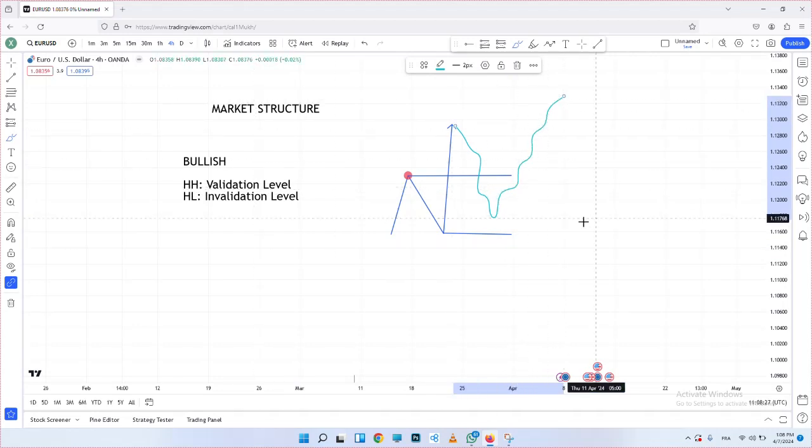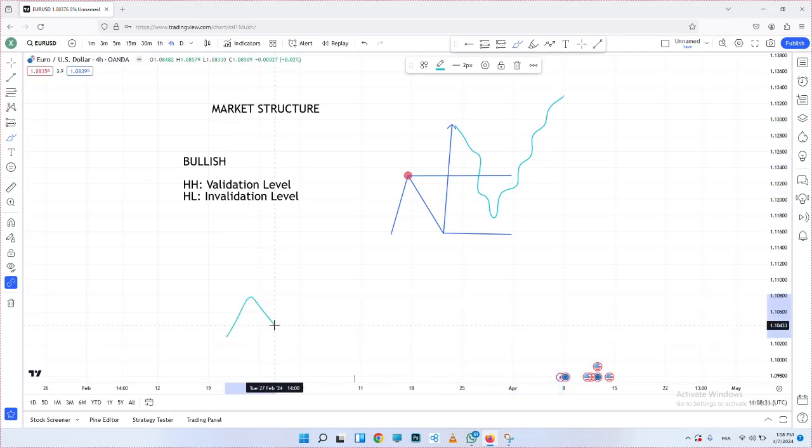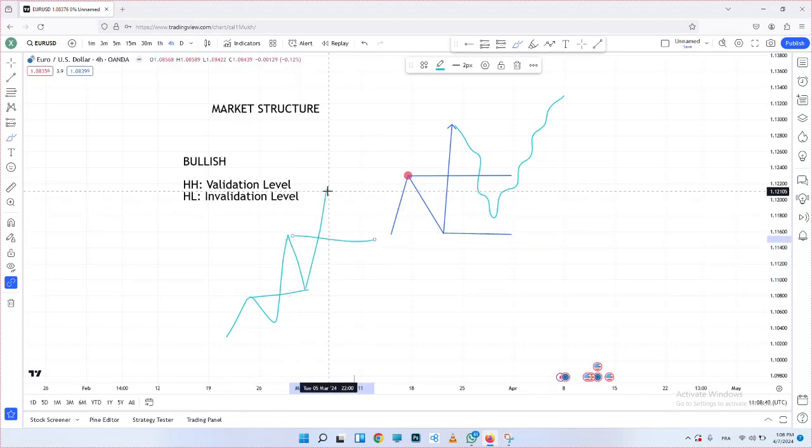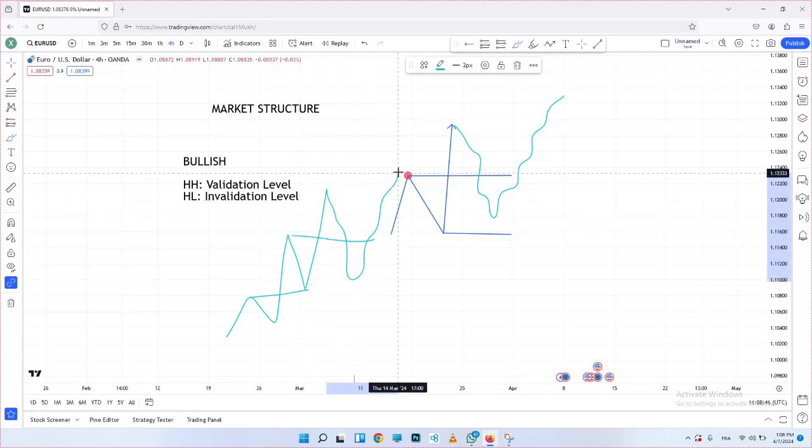So don't be fooled by people who tell you that the market moves by creating high, low, high, and that when price closes on this level, it will test this level and then go up again. Nope. Most of the time when price is creating the validation, price will come to grab liquidity in the area of liquidity before going up.